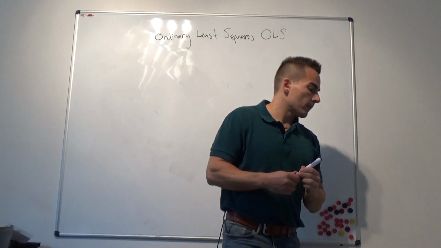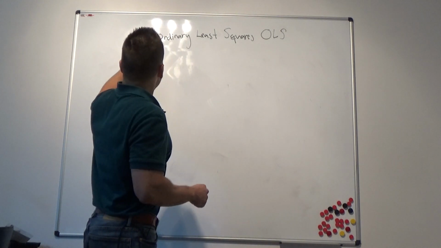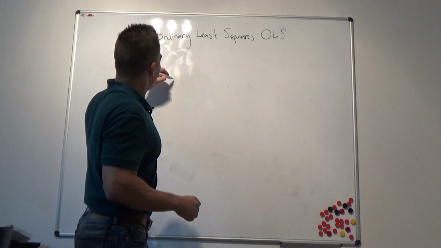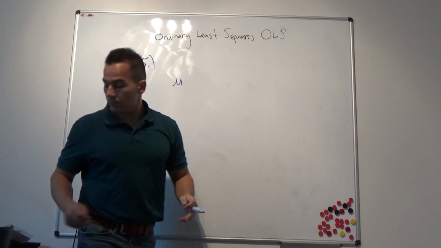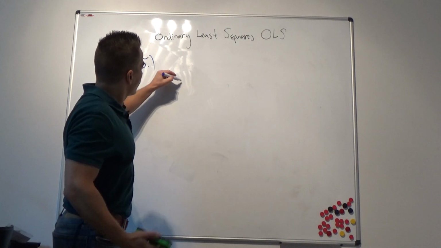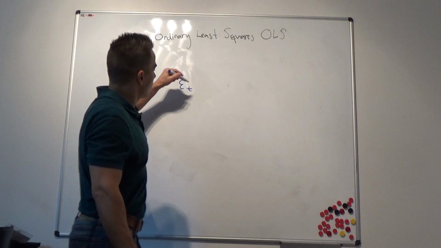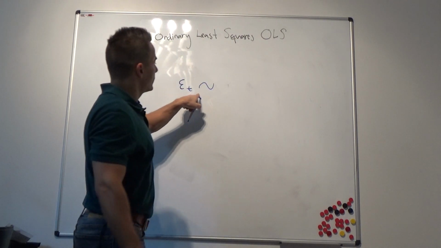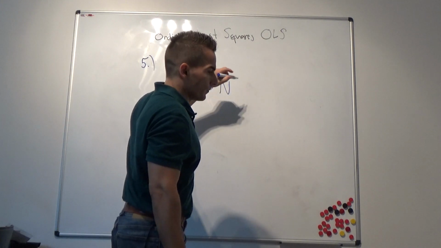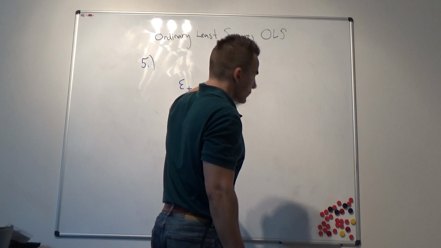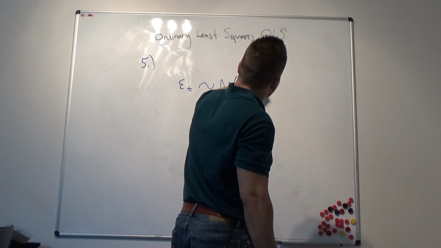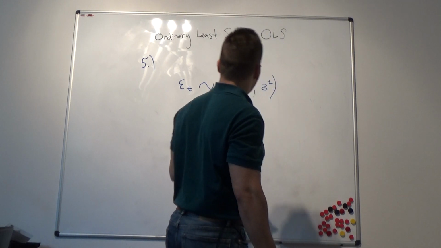The next assumption is normally distributed residuals. Yeah? So basically our epsilon t is distributed as normal with zero mean and variance sigma squared.